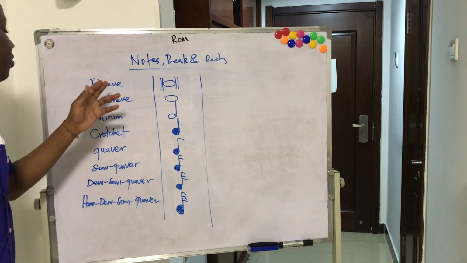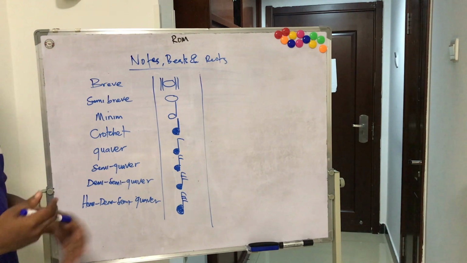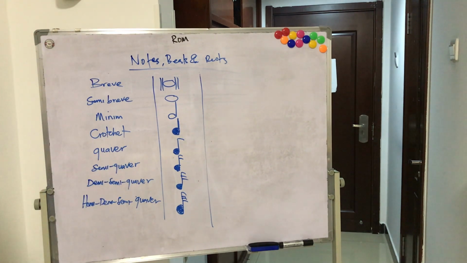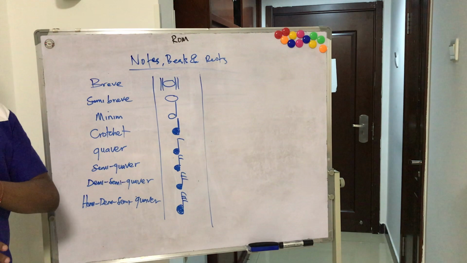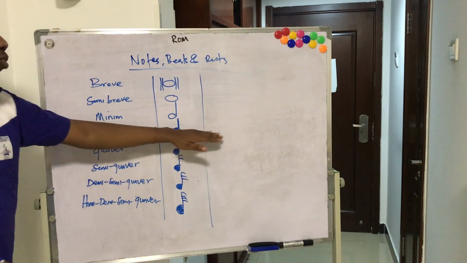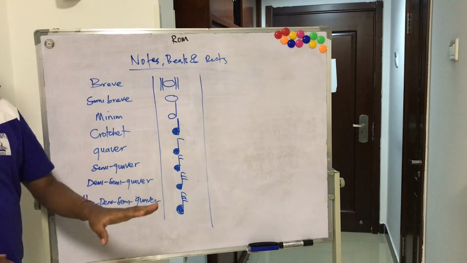What's the beat count of breve or semibreve or minim or crotchet or quaver, semiquaver? Right out of the box, I might not be able to tell you. But there's one I know, and from knowing that one, I can know the rest. Just know one, then you know the rest.